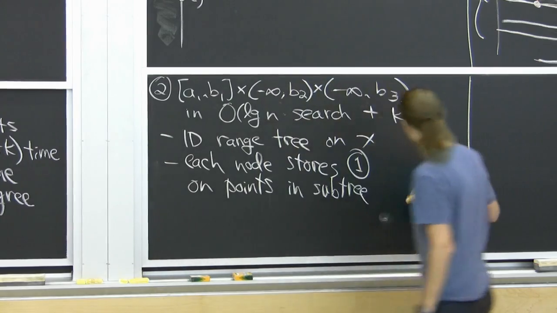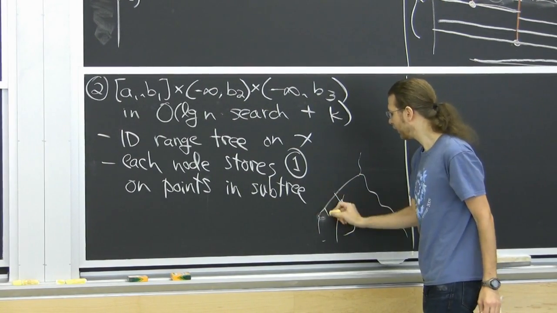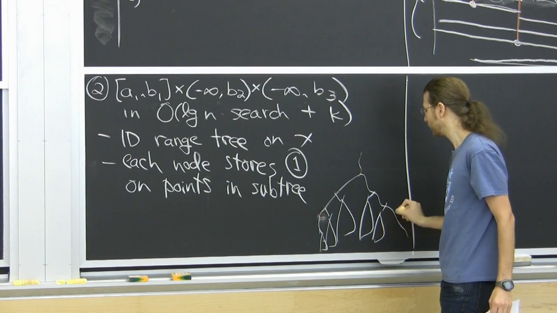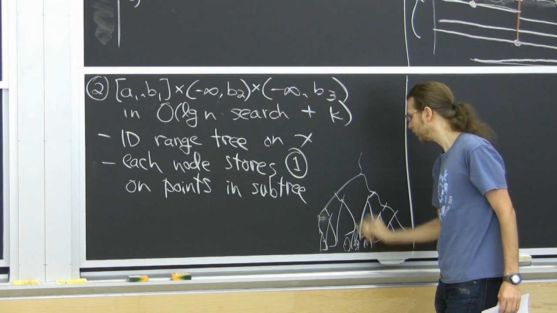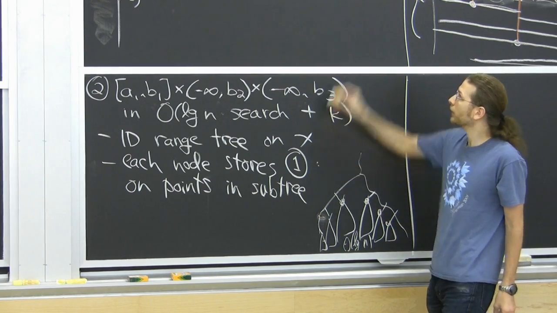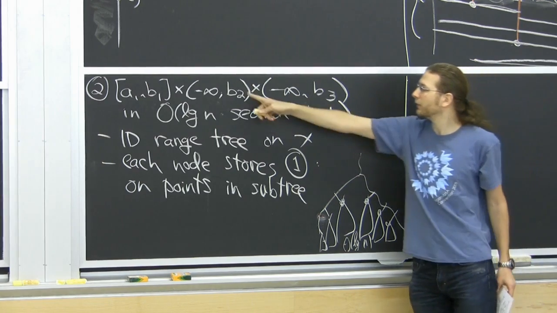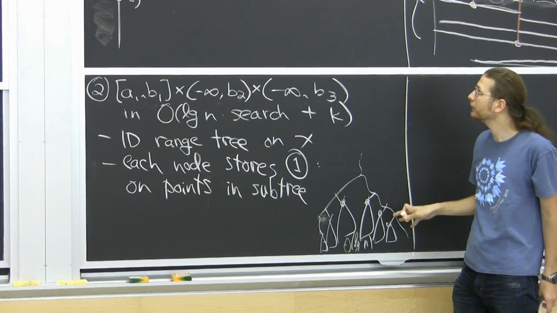And so just like before, you get log n subtrees that represent your x interval. You look at the root of each one, and it stores a 1 data structure. You query each of them for B2 and B3 for that interval among the y and z coordinates.